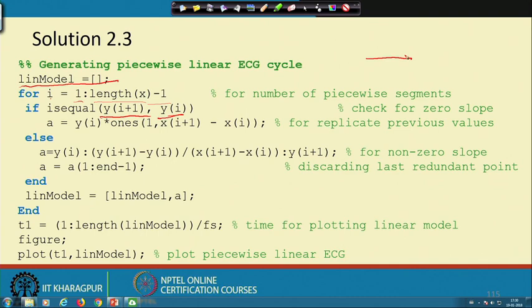Okay. So, for that what we have done is we put the value a, and we take the scale from the previous value y I and we multiply it with ones, where the range is x I plus 1 minus x I. Now, the reason that we use this command, y I times ones this way, is that in between x I plus 1 to x I, in general there would be multiple samples.